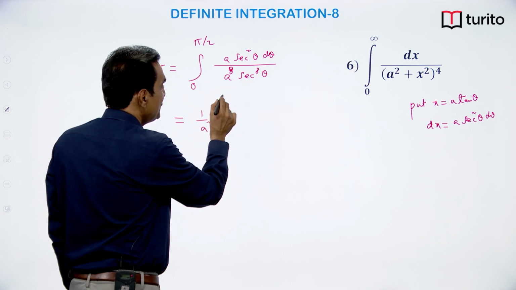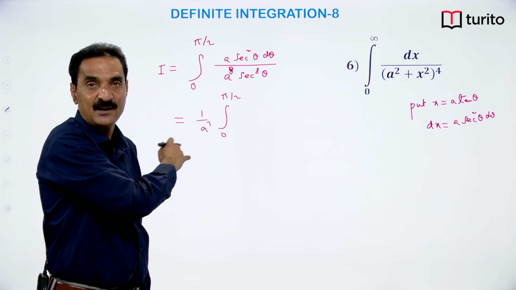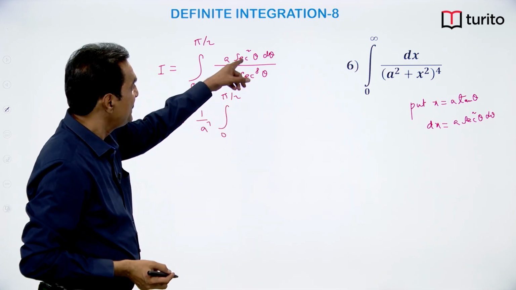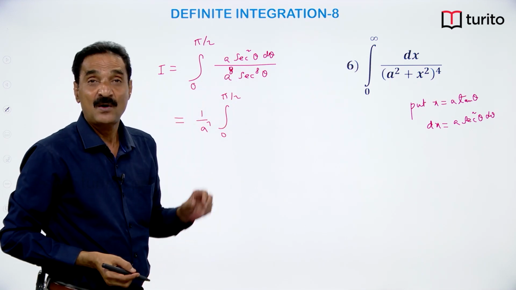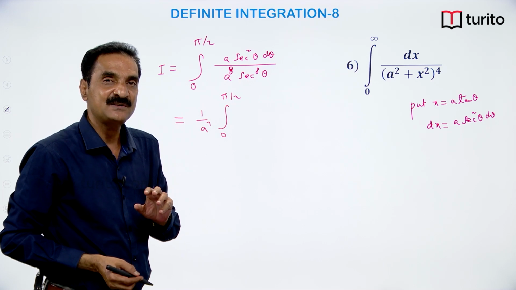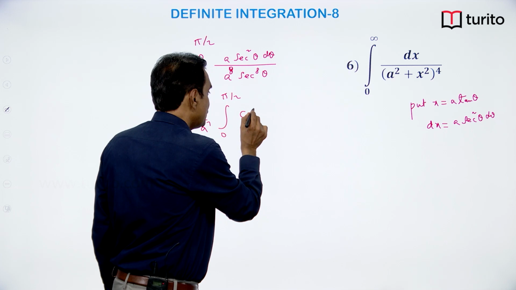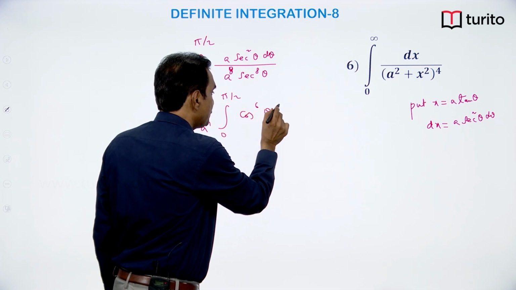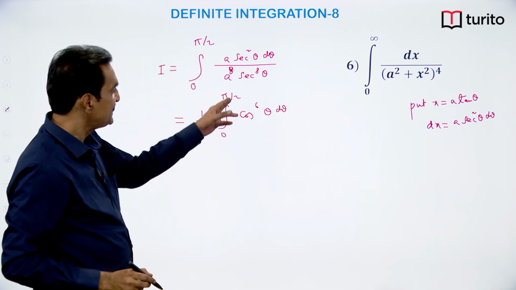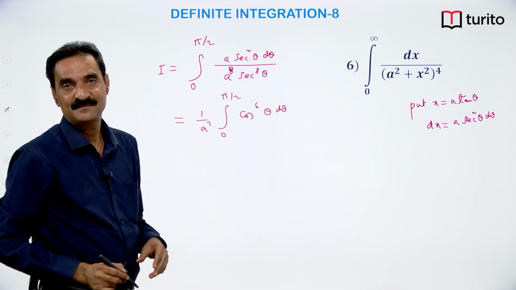Integral 0 to pi by 2. Since 1 by a power 7 is constant, I am writing it outside. Now, sec square by sec power 8 means what? 1 by sec power 6 theta, which means cos power 6 theta. So what is this now? 1 by a power 7 into I6.